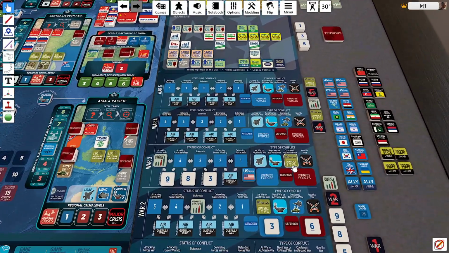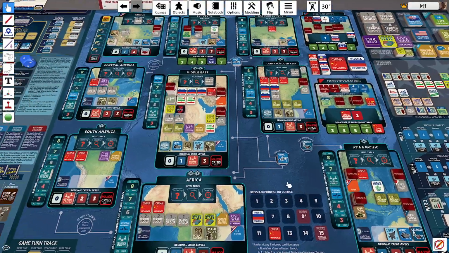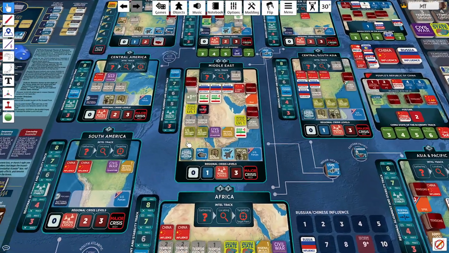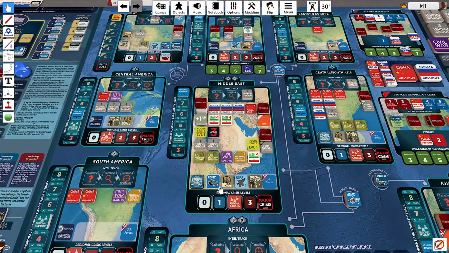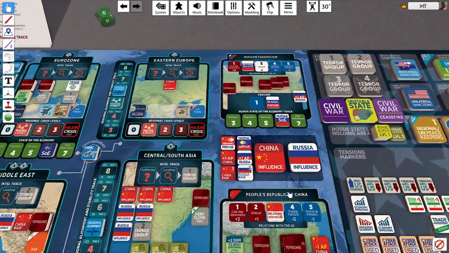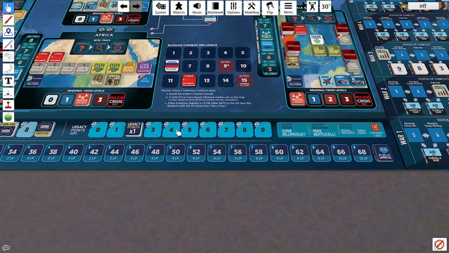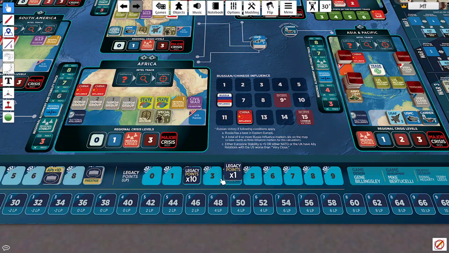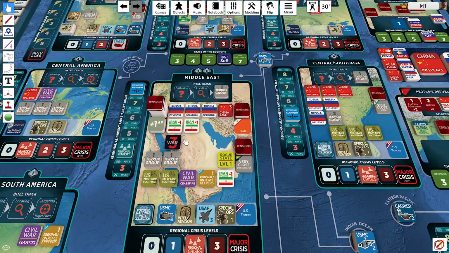I think I forgot to give myself the generic rewards, which is all down here. But I need to do, because I moved this up, what happens is this gets destroyed. I do get a legacy point. I think I forgot my other one too.